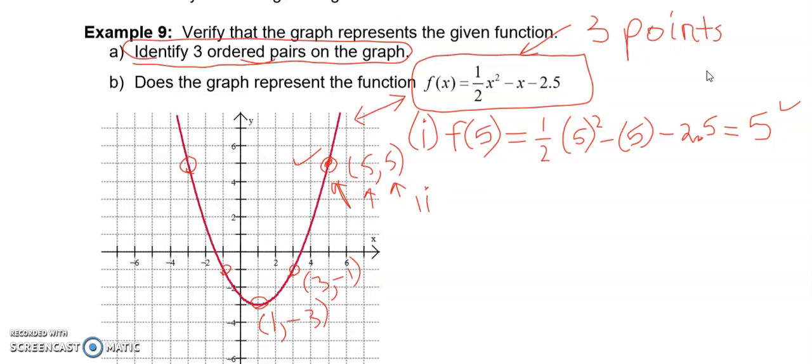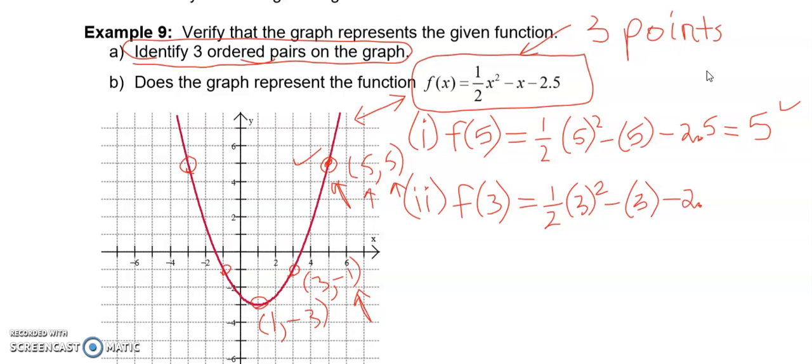So let's check another point. Why don't we try the 3 here now, because we identified that 3, and we're hoping to get back -1. So you plug this in again: 1/2 times 3 squared minus 3 minus 2.5.